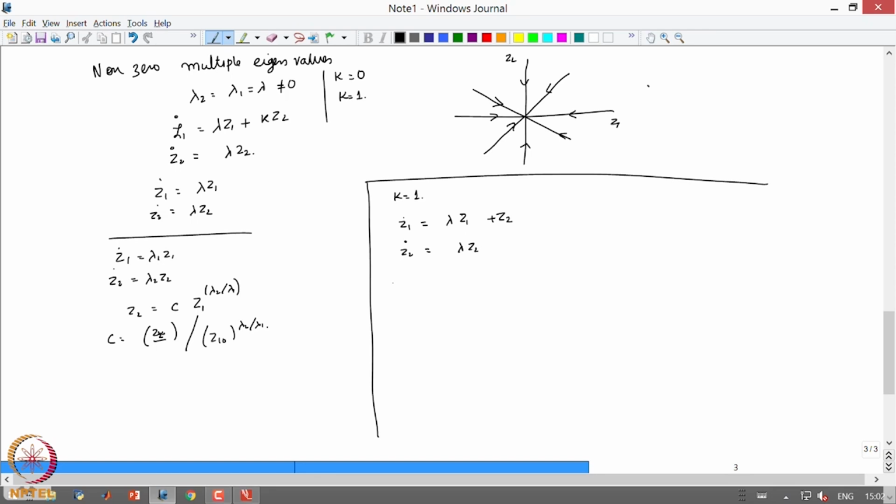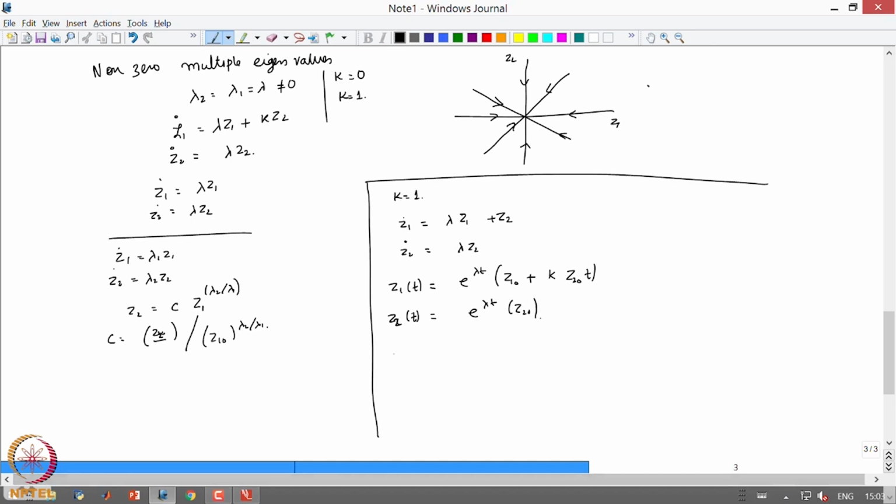So the solutions would be z1 of t is e power lambda t times (z1 of 0 plus z2 of 0 times t), and z2 of t is e power lambda t z2 of 0.